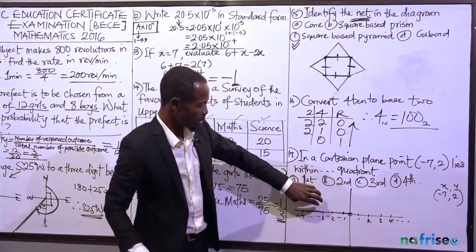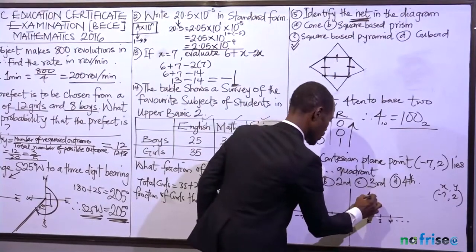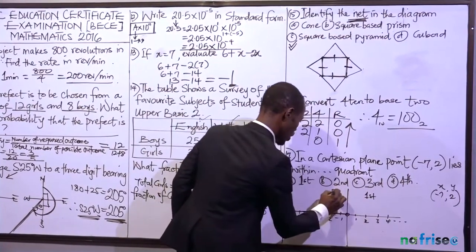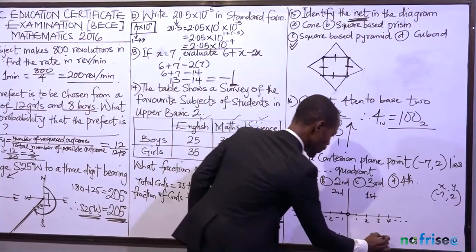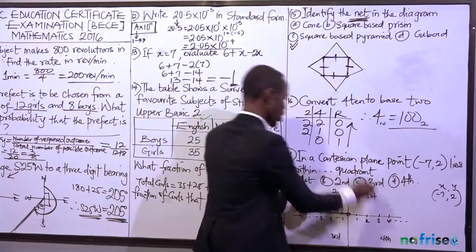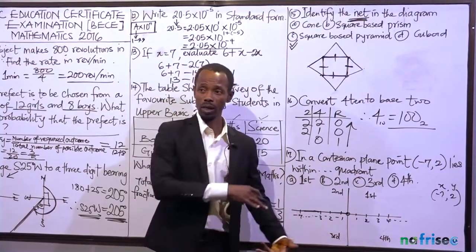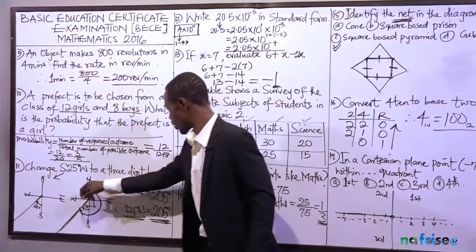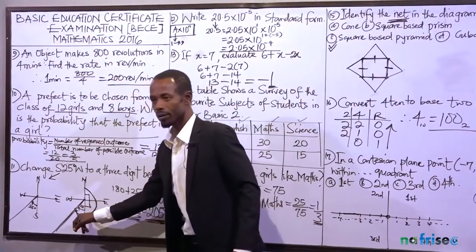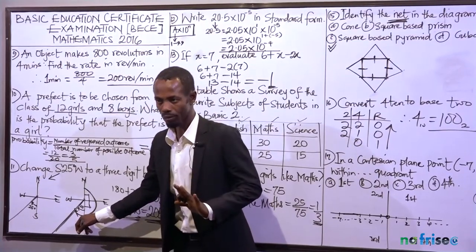We don't know whether it's on this one or this one, but this is the first quadrant, this is the second quadrant, this is the third quadrant, and this is the fourth quadrant. Don't forget, quadrants go anti-clockwise. For bearing and distance, 3-figure bearing goes clockwise. Are you there? Please don't mix them up at all.